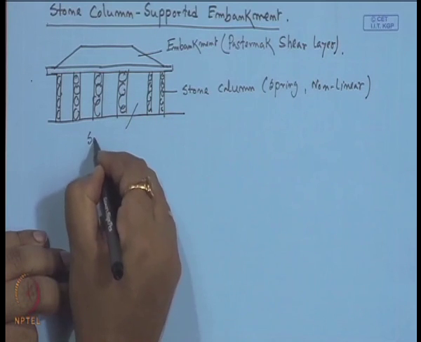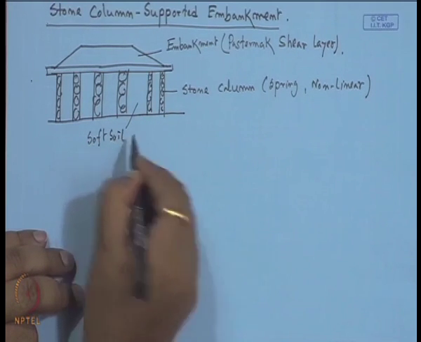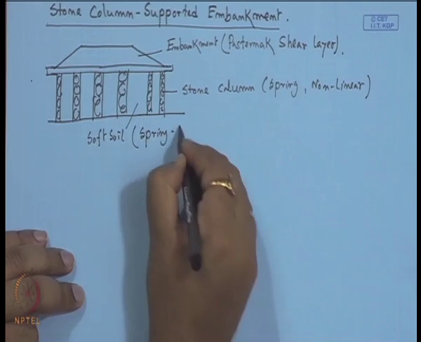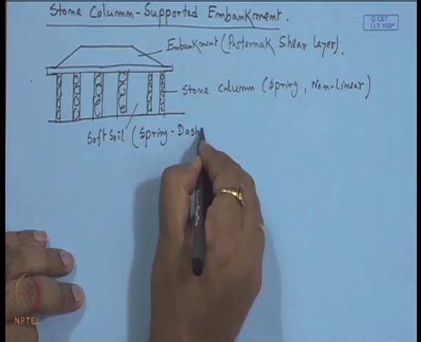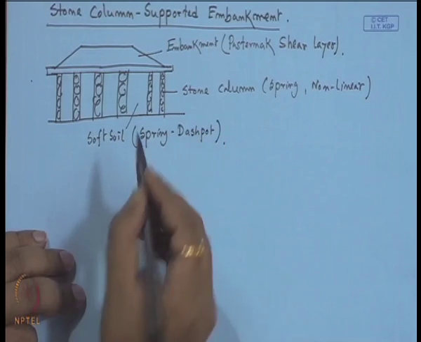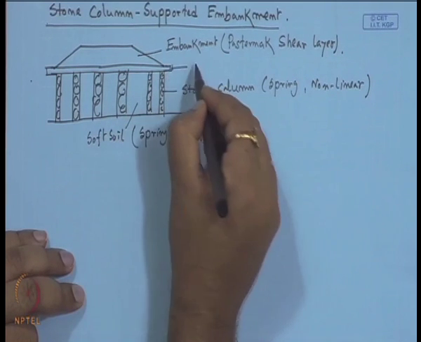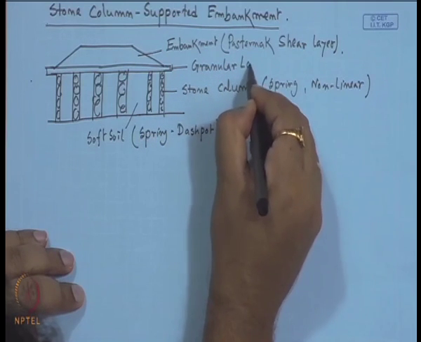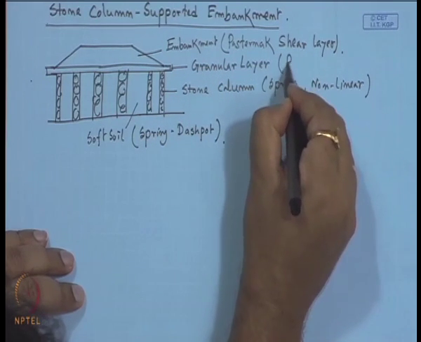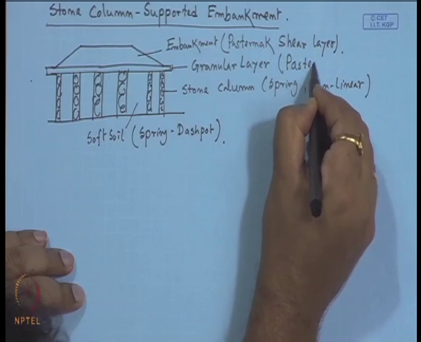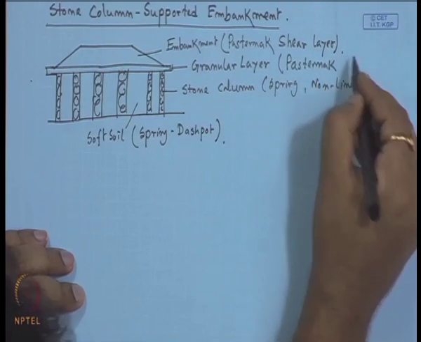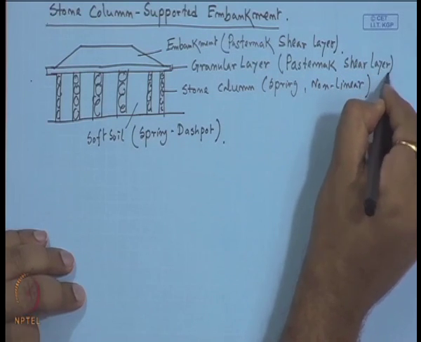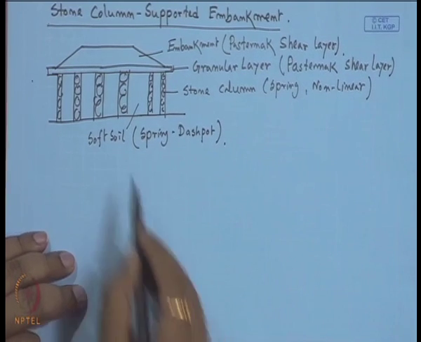Then the subsoil is modeled by a spring-dashpot, and the granular layer also by a Pasternak shear layer. So, these are the different components which are modeled.